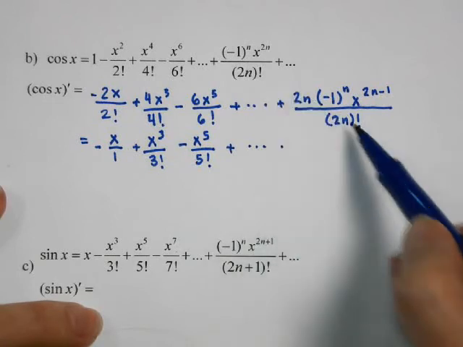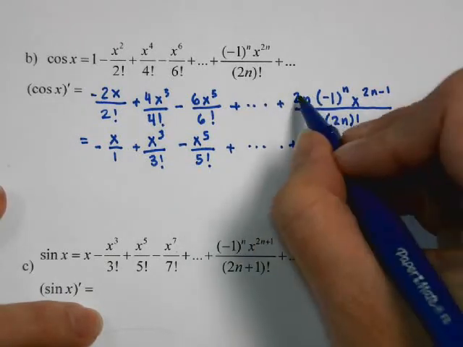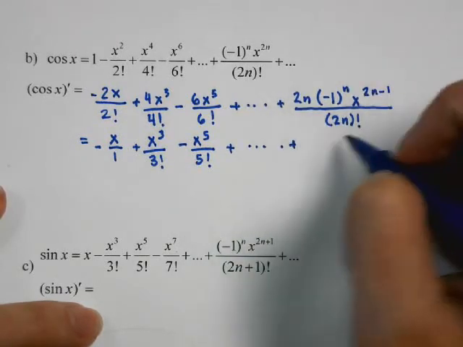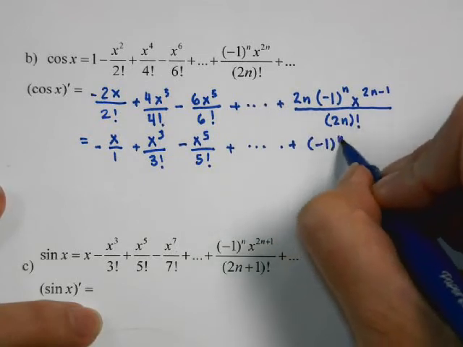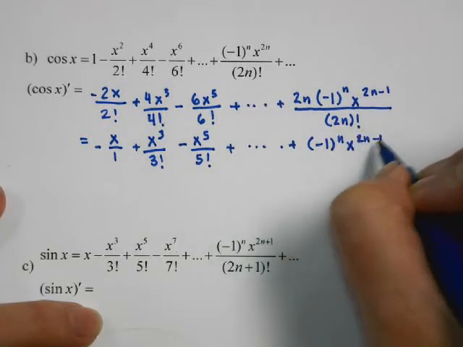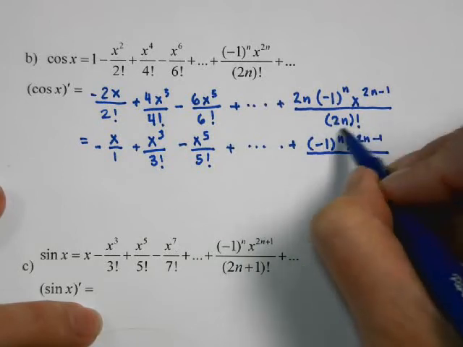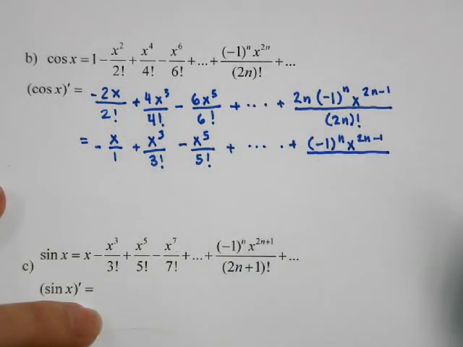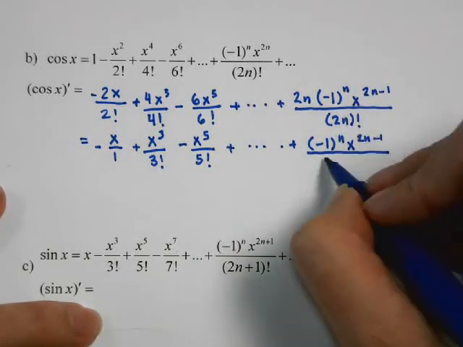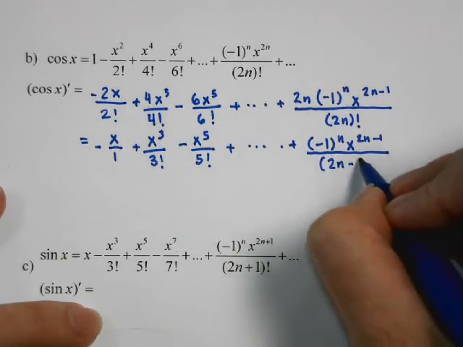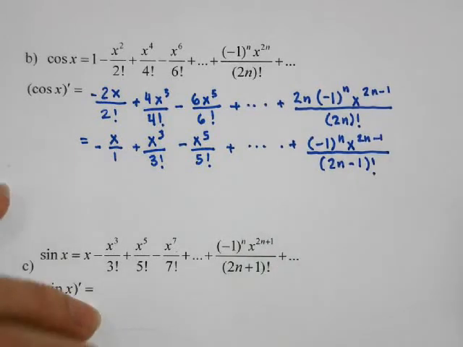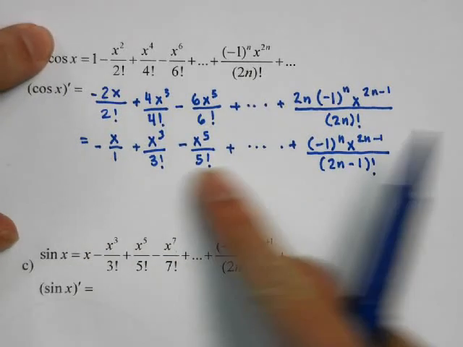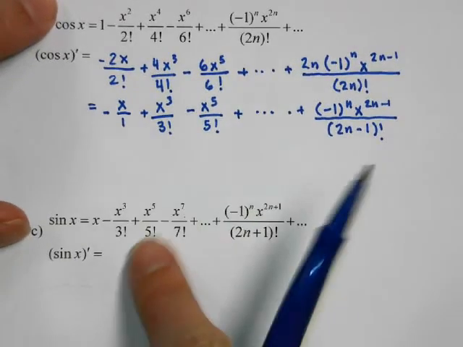And here the same thing with the 2n's. So this is going to cancel 1 2n with 1 2n. So this is going to be negative 1 to the n, x to the 2n minus 1, all over the number 1 less than 2n, which is going to be 2n minus 1 factorial. So the derivative of cosine is this.